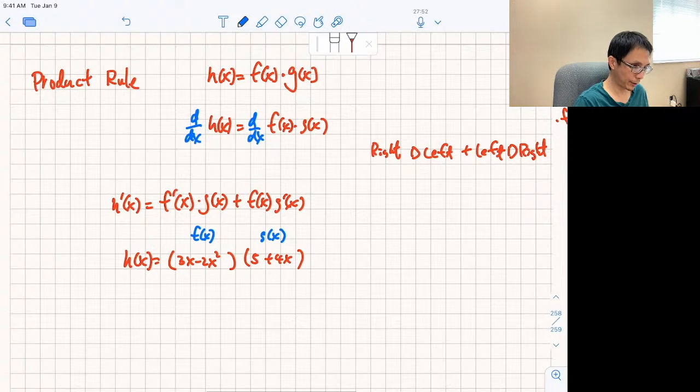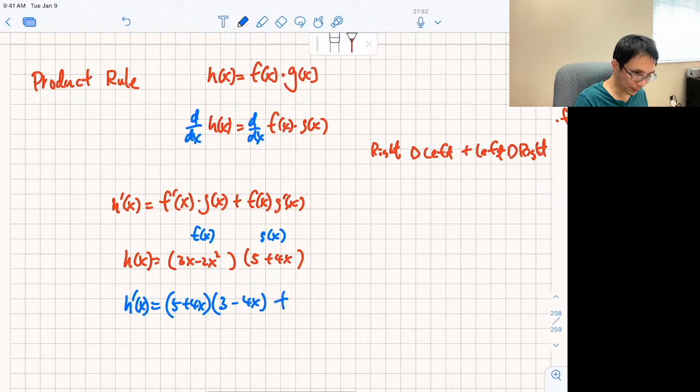They are two parentheses multiplying each other, and then we say, hey, can you take a derivative? Well, we take a derivative by writing down h prime, and we follow that. So we say right, which is the right function, d left, which is 3 minus 4x. Does that make sense?